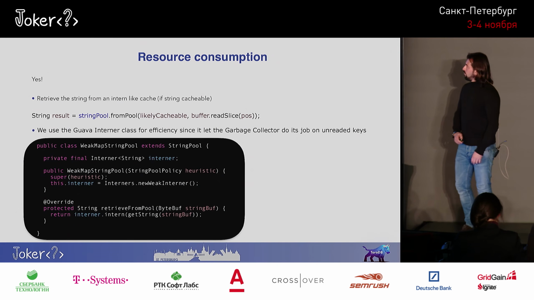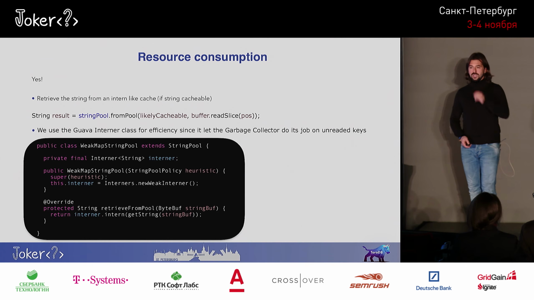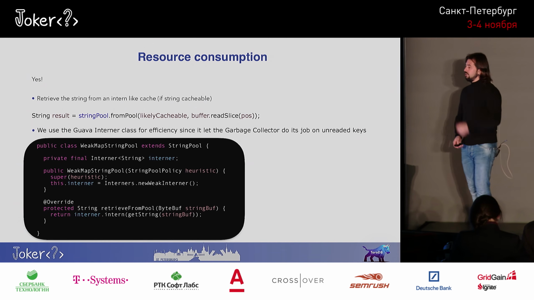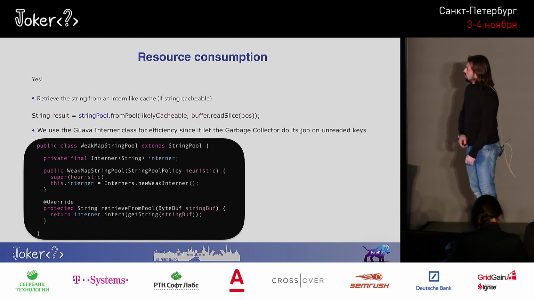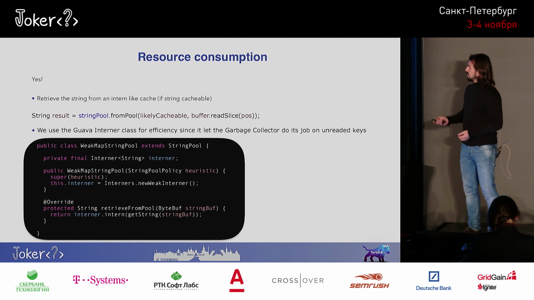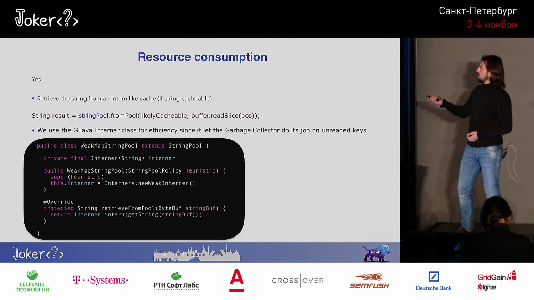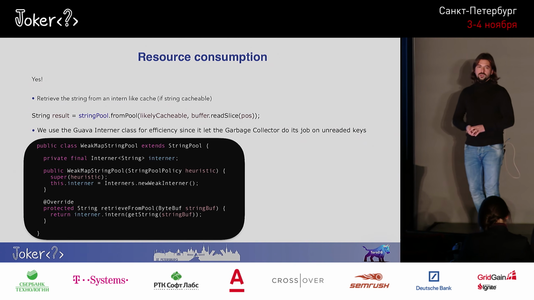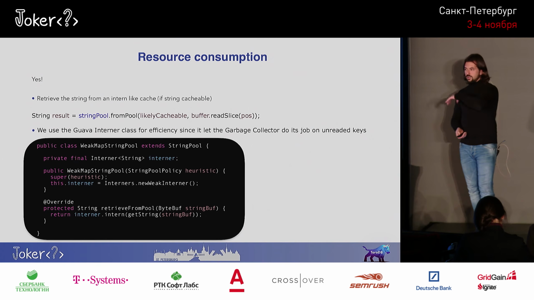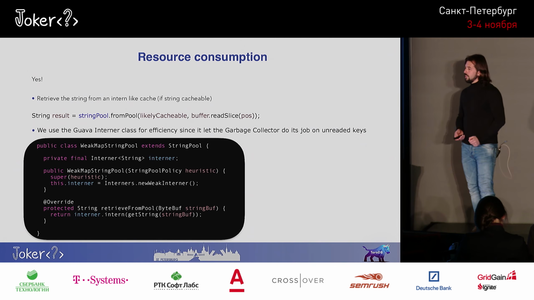So we needed to do something else, and for this we use Guava's interners for the strings, which work significantly better. One of the significant differences is that we actually implemented a string pool which uses weak references. This is done by Guava, and it allows unused keys to be garbage collected.